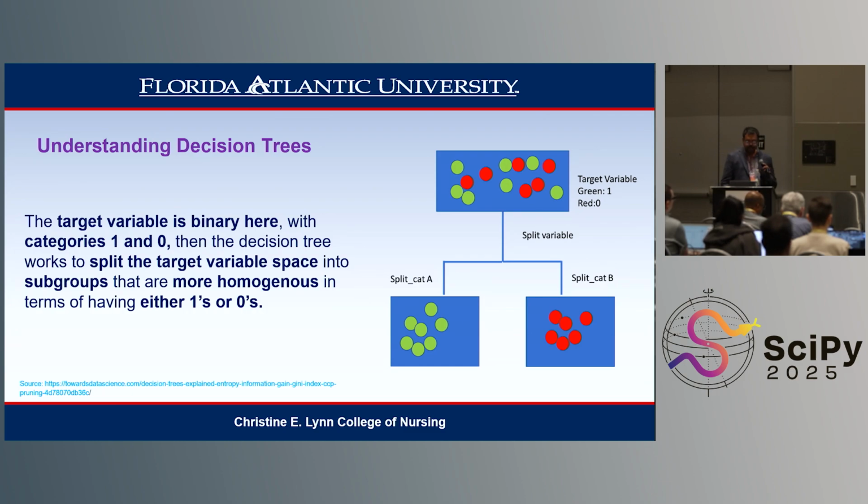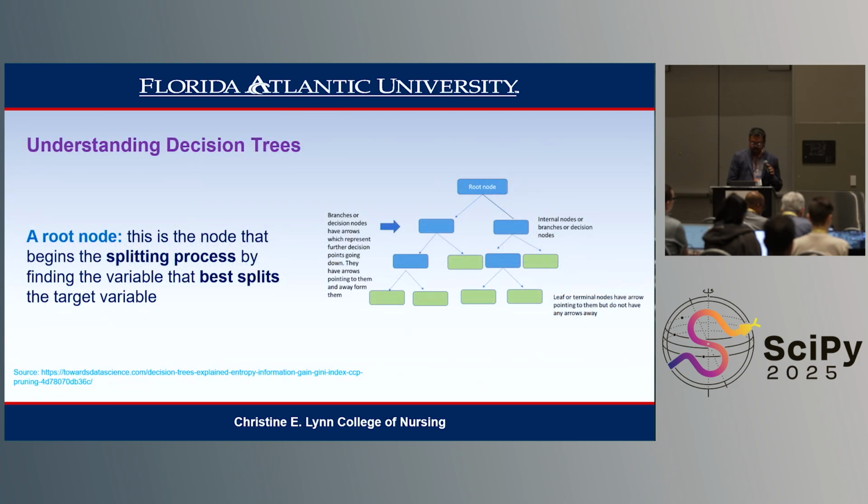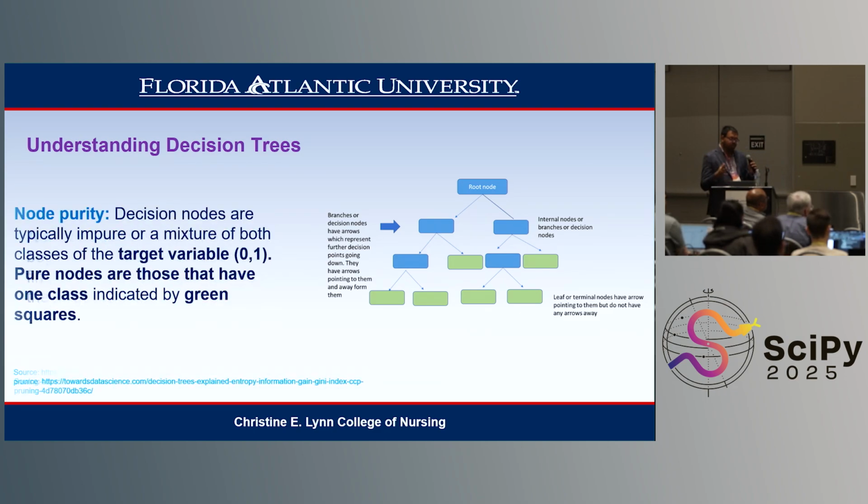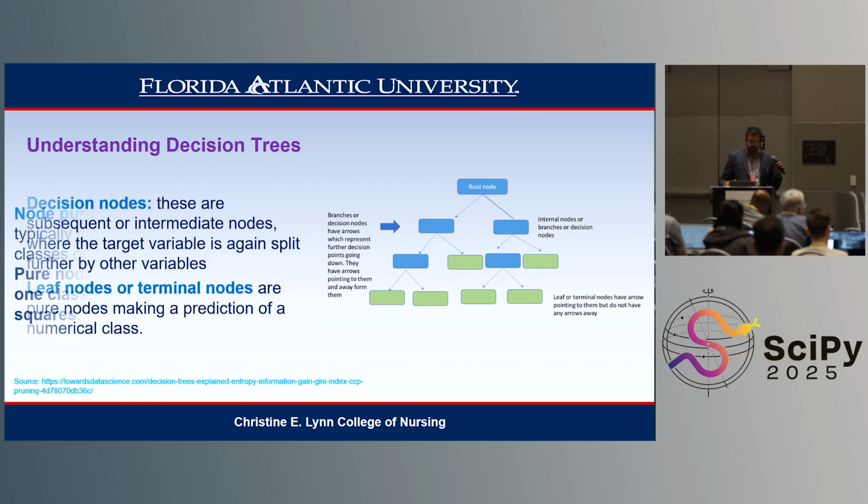Now the question is, there are a couple of things. This is a splitting happening in terms of the target variable. So this is the root node. The blue ones are the decision nodes, where you're making the decision till it reaches a homogeneous node, which purely comprises one class, and there's no further division you can make. Or if you reach a certain depth of the tree, so you want to keep your model not too complex to avoid overfitting.